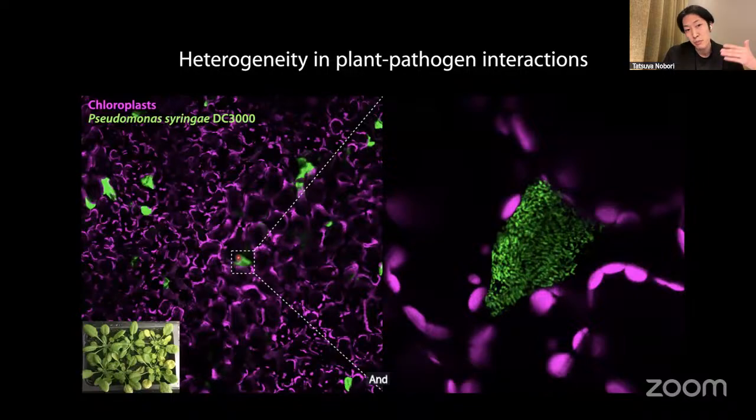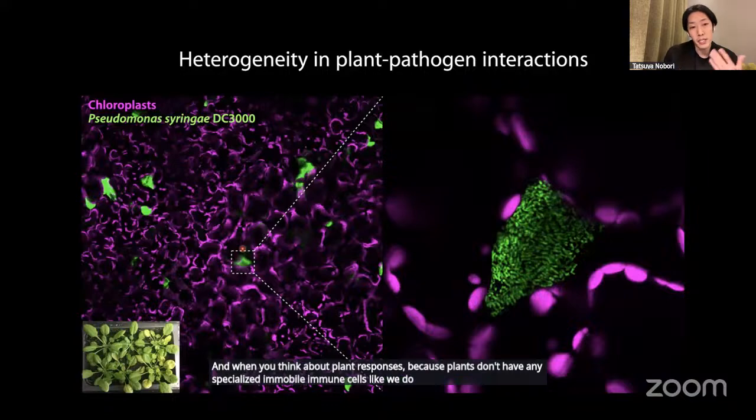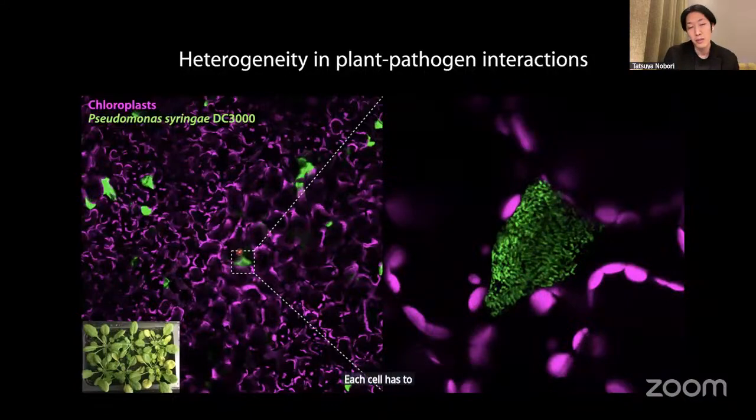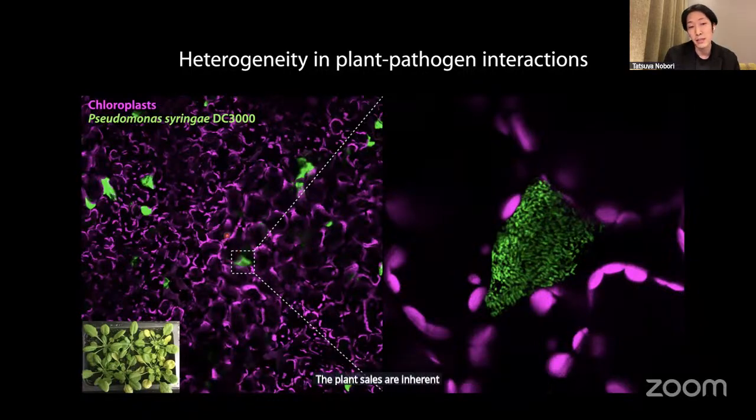And when you think about plant responses, because plants don't have any specialized and mobile immune cells like we do, each cell has to decide what to do for immune responses, or there are many other fundamental functions such as photosynthesis or cell division, nutrient allocation, and so on. The plant cells are inherently multitasking.